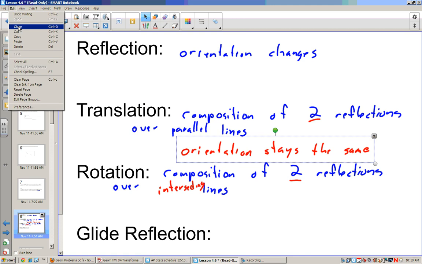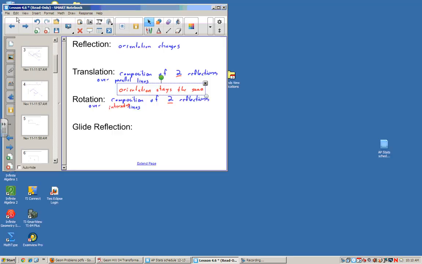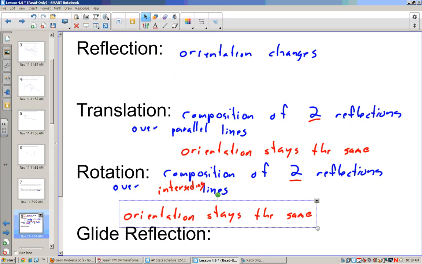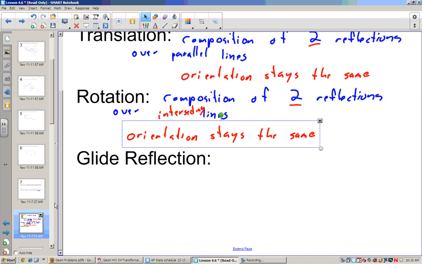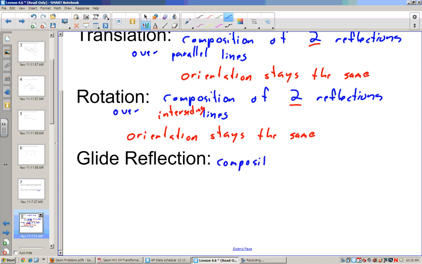Orientation stays the same. Now on a glide reflection, it's a composition of three reflections, or we can say that it is a reflection and a translation, because a translation is two reflections.